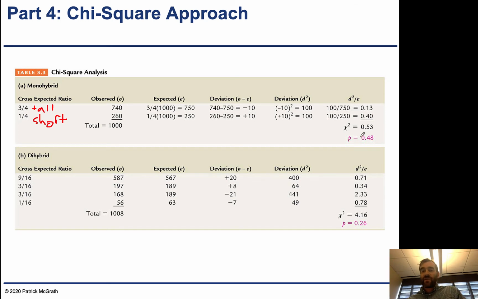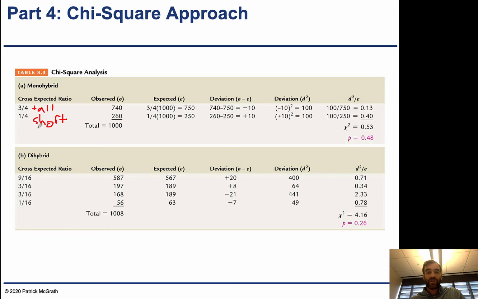Now we add this up, and we get our chi-squared value of 0.53. This gets converted to a probability. The way you convert the chi-squared value to a probability is confusing at first, and we will get to that in the next slide.